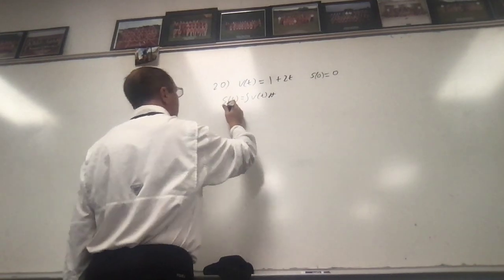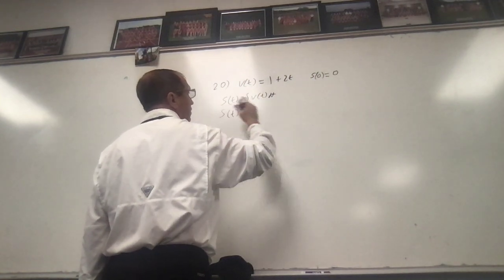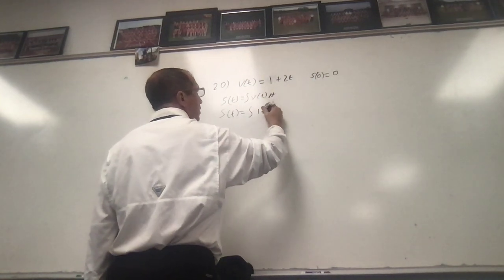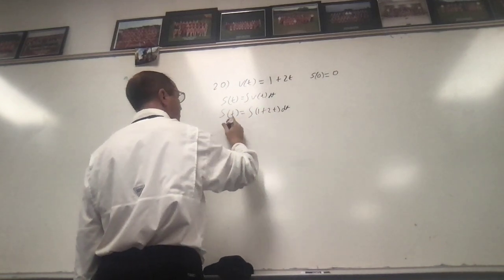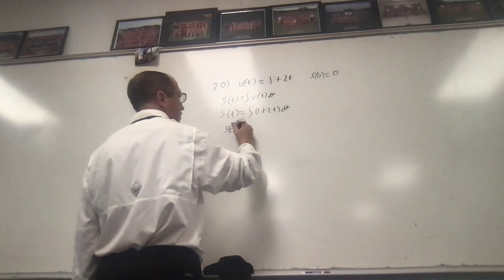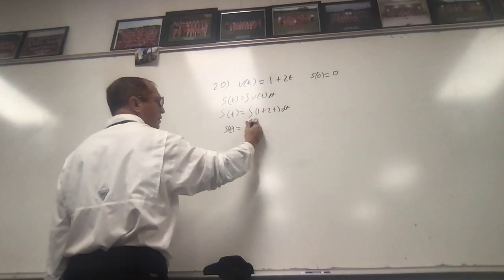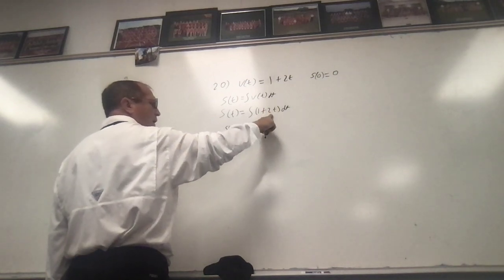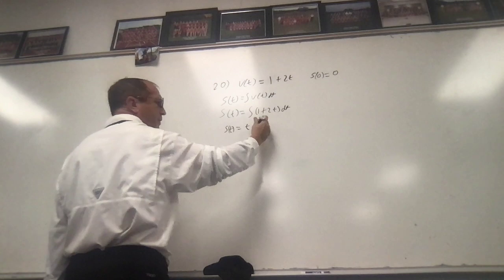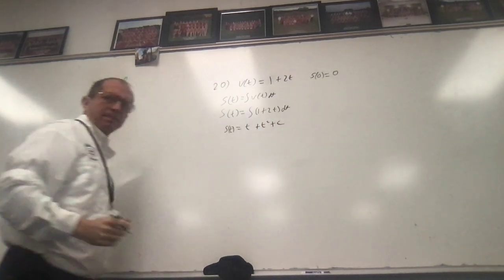So s of t is going to be the antiderivative of 1 plus 2t dt. The antiderivative of 1 is t. 2t would be 2t squared over 2, which would be t squared, and then plus a constant.